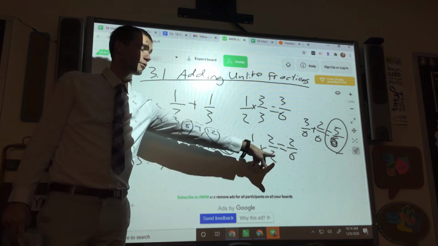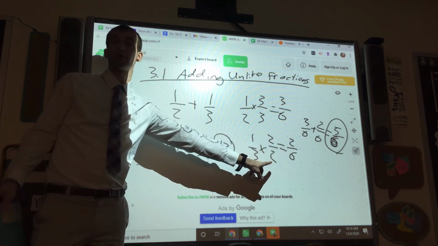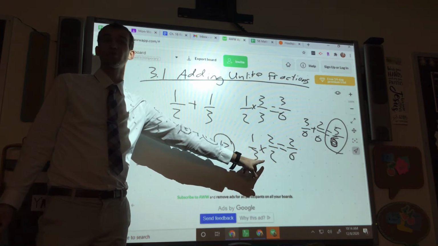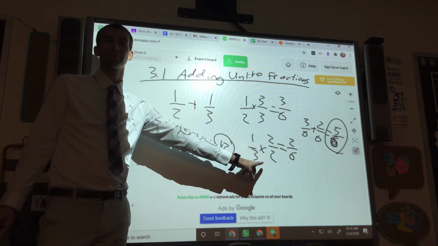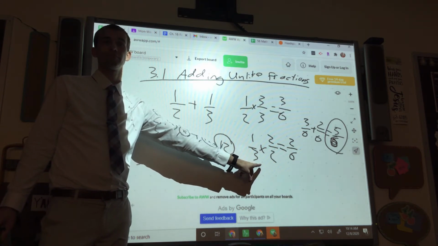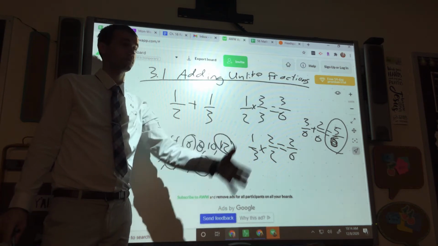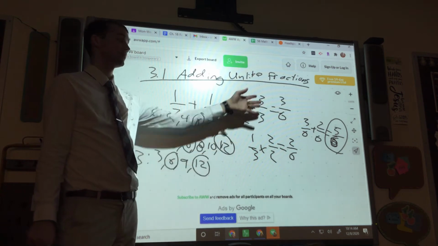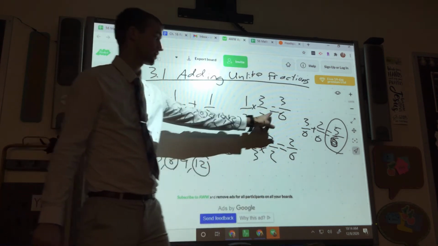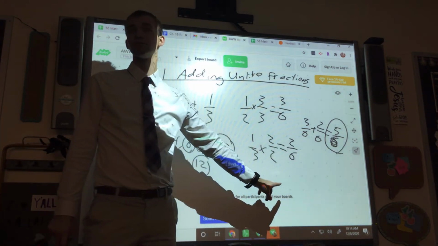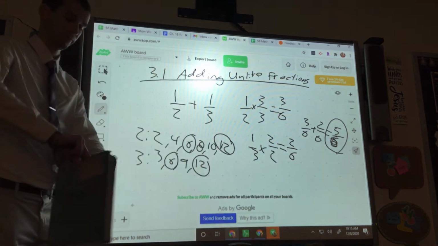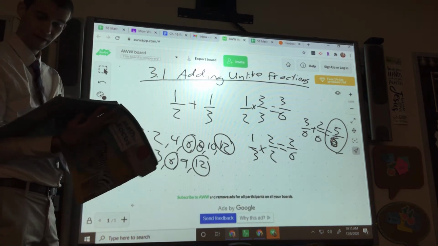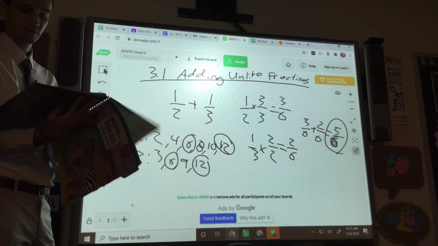And here, 3 times what is 12? 4. So we would have multiplied by 4 over 4 here. So it's going to be different what you multiply by, but you're always trying to get that same common denominator.